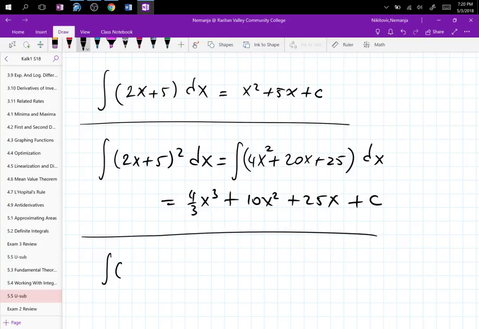But then you reach the problem of 2x plus 5 raised to exponent of, I don't know, 83. Good luck foiling, right? So it would take a very, very long time for you to FOIL something like this.